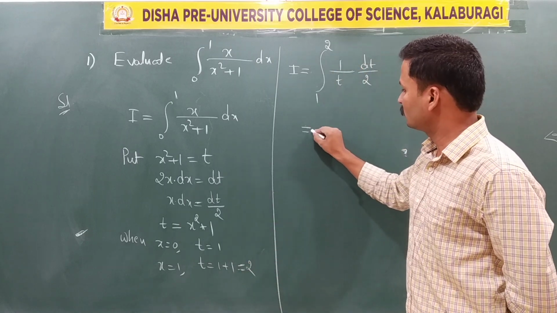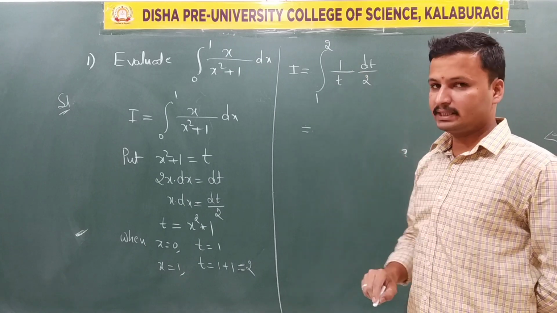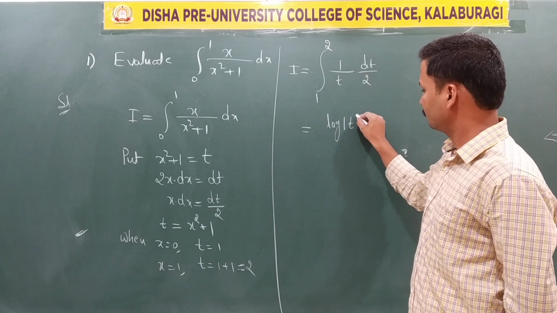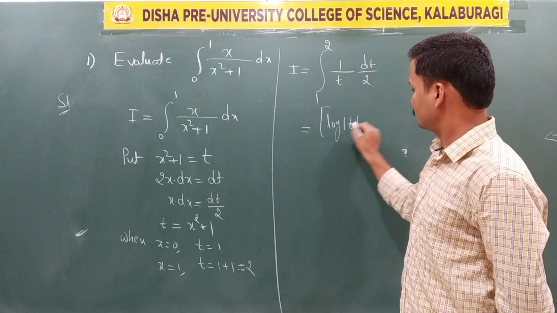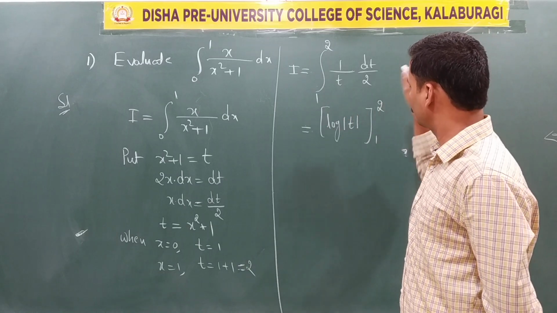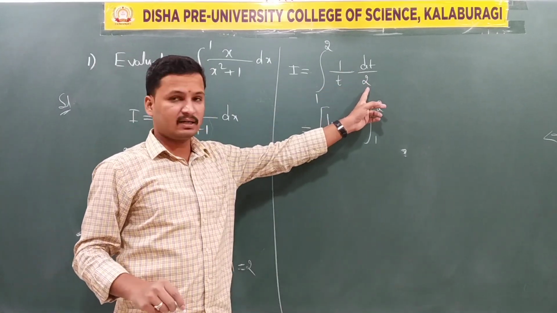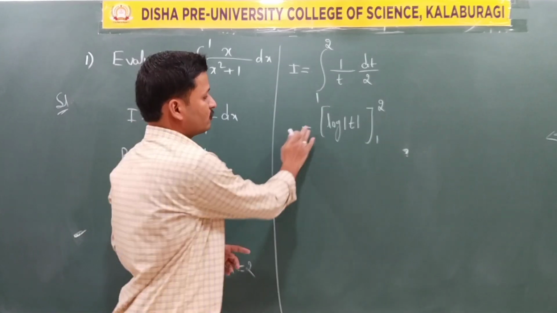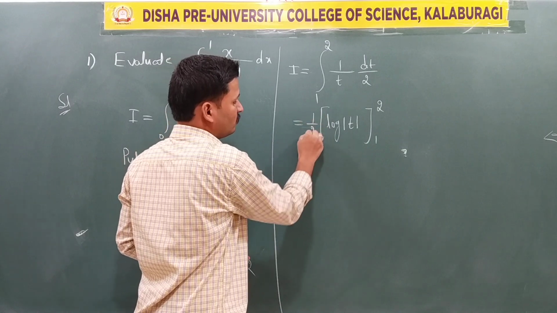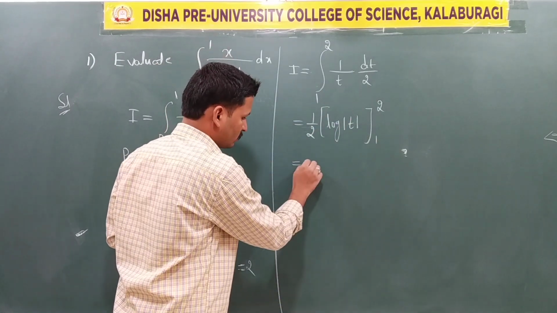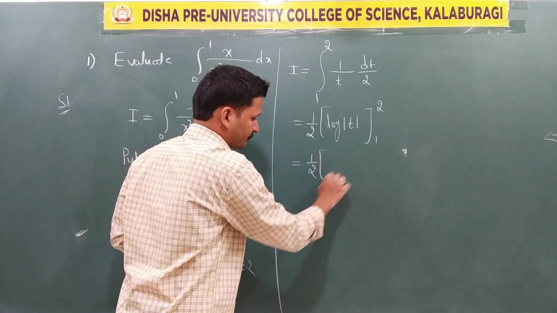This equals the integration of 1 by t, that is log of modulus of t, from 1 to 2. Since dt divided by 2 is there, 2 is a constant, take it outside the integral: 1 by 2 into log of mod t from 1 to 2.